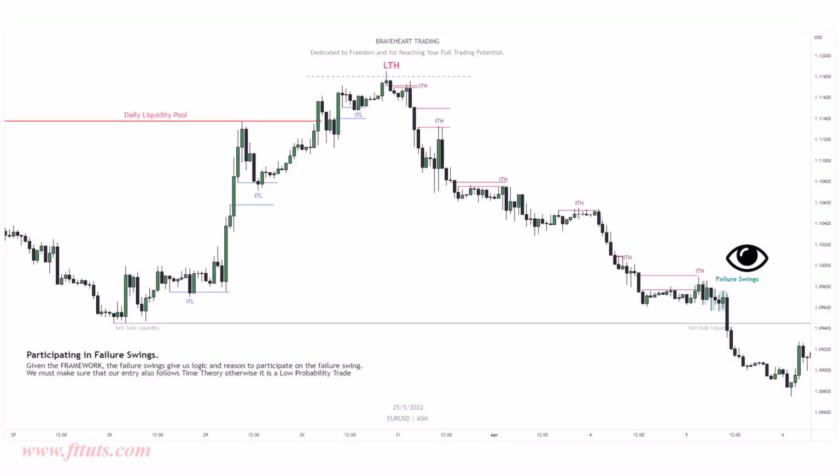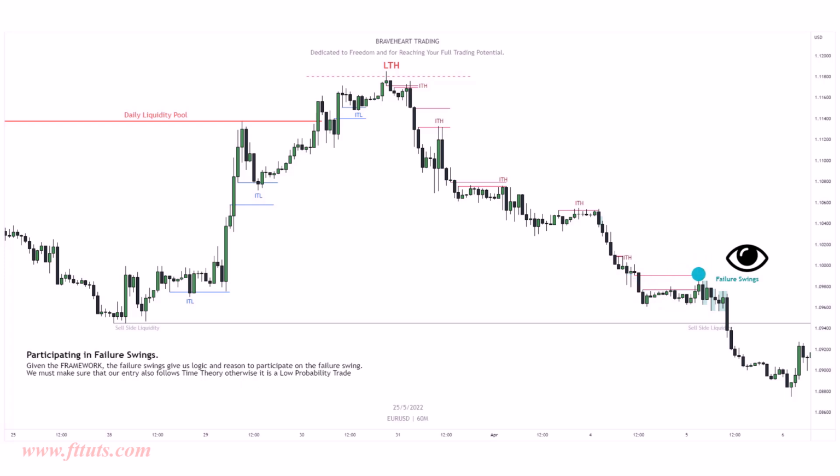So now let's talk about participating in failure swings. Given the framework, the failure swings give us logic and reason to participate on a failure swing. Okay, so the framework here is like price retraced into this imbalance.